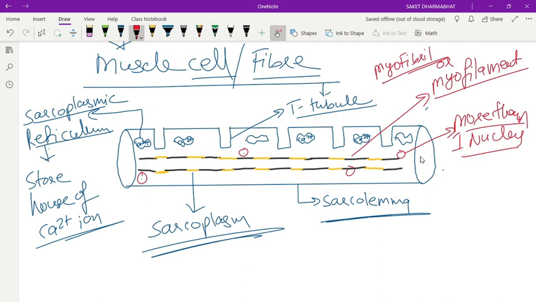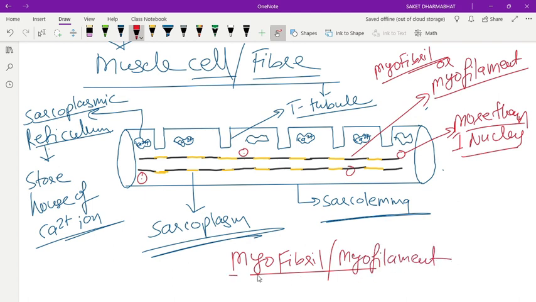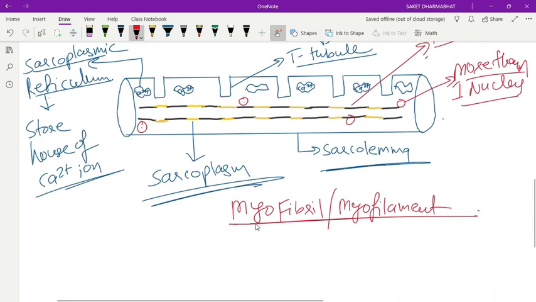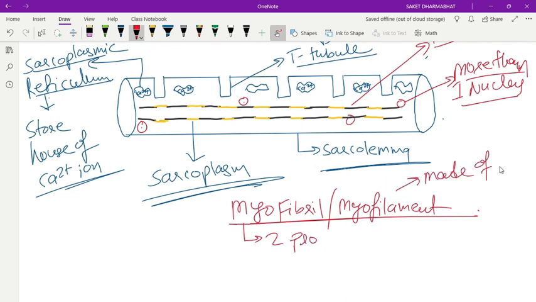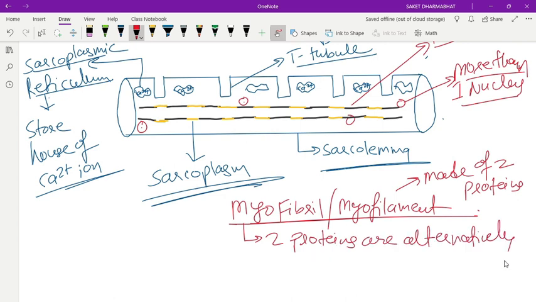Now we will see the structure of the myofibril or myofilament. Both are the same thing. The myofibril and myofilament are made of 2 proteins, actin and myosin, arranged alternately.